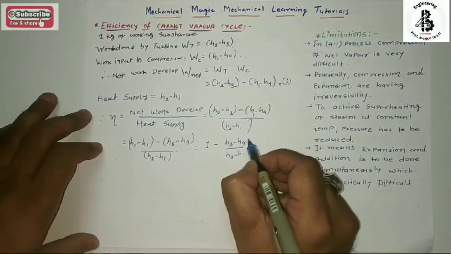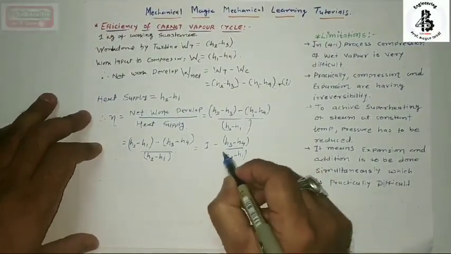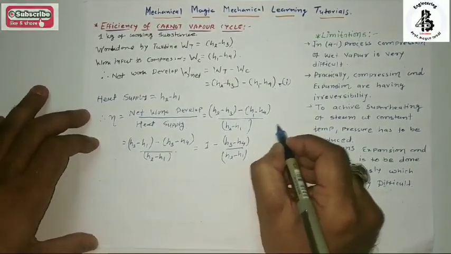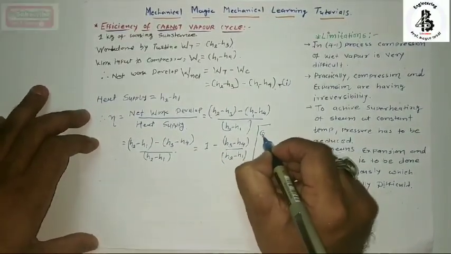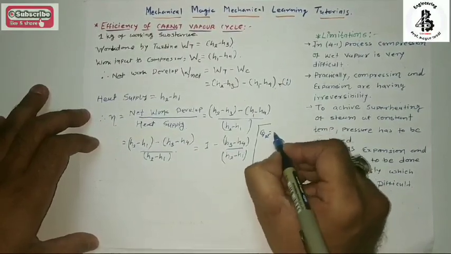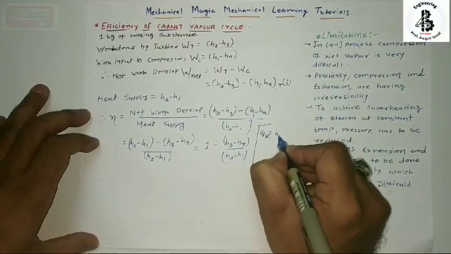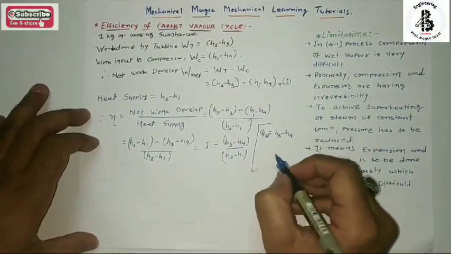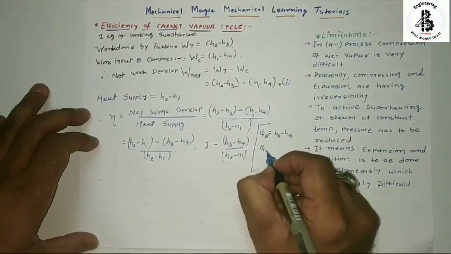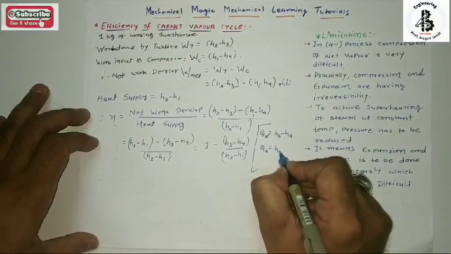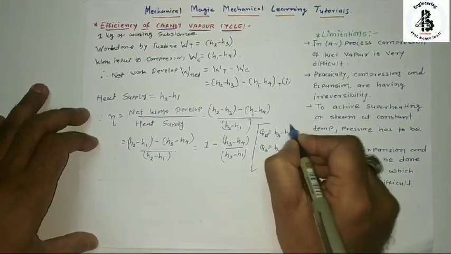So from here QR will be equal to H3 minus H4, and heat supply will be equal to H2 minus H1.